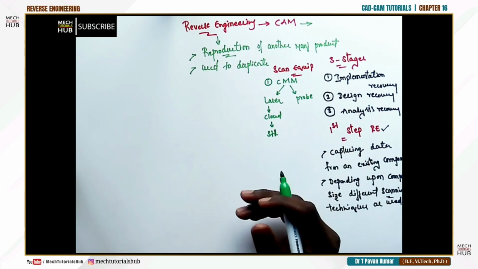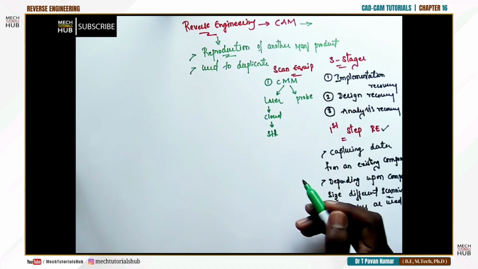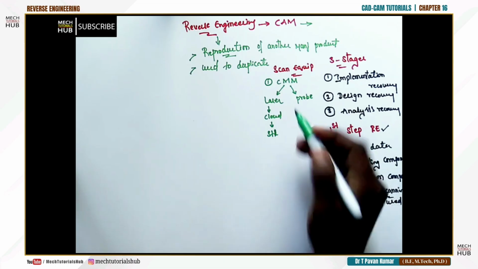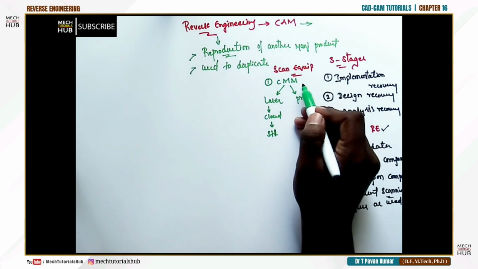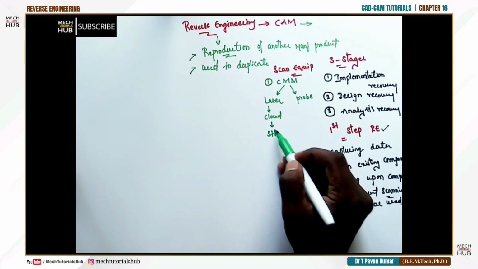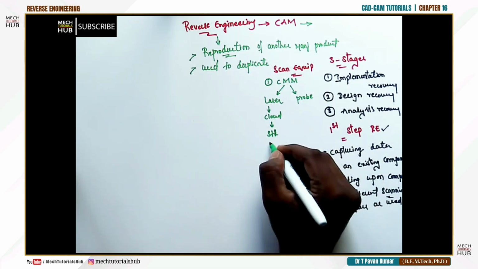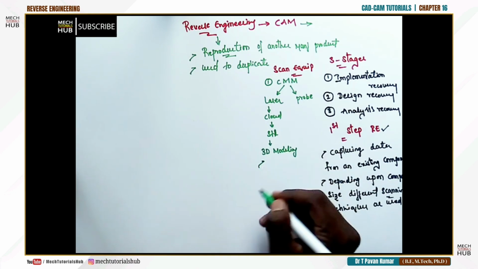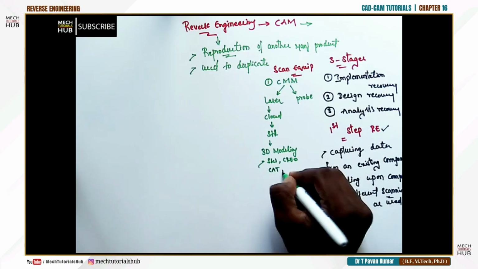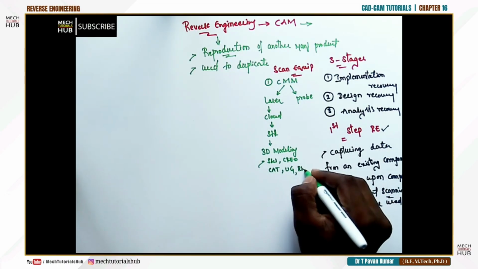Now that is imported into any modeling software. This CMM is directly connected to a personal computer, where an existing software interface is available for the CMM, which will automatically take the data. From that we'll save the cloud data in STL format, and import the data into any 3D modeling software, like SolidWorks, Creo, CATIA, Unigraphics, or one more 3D printing software, which is Rhino.